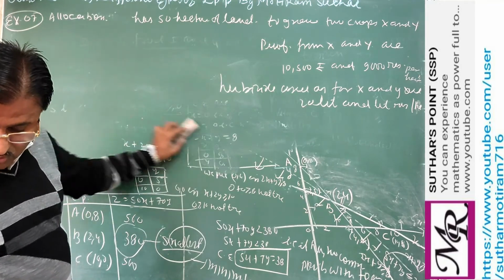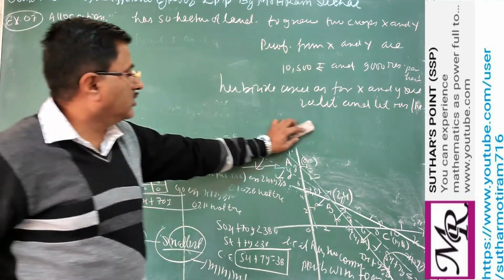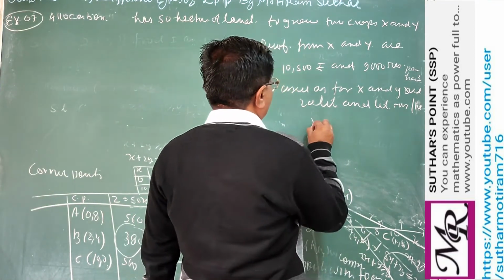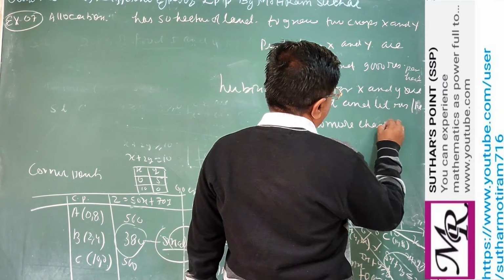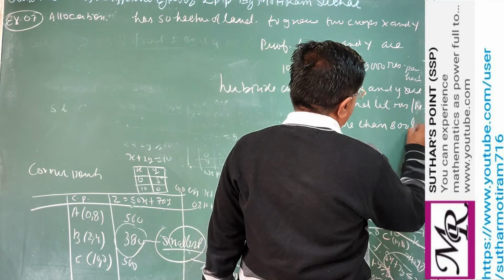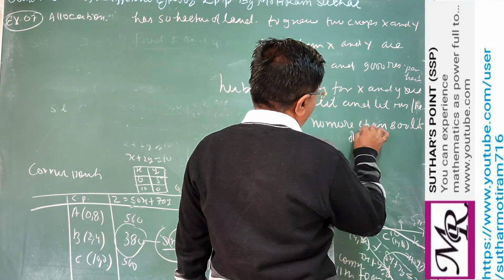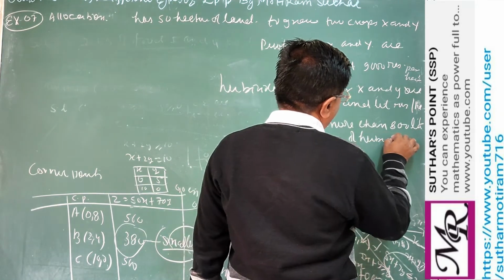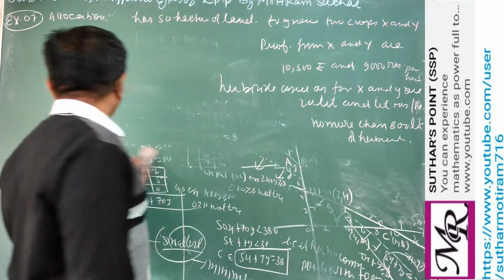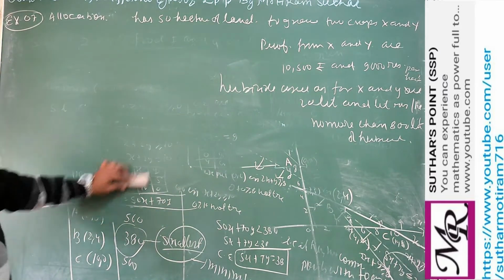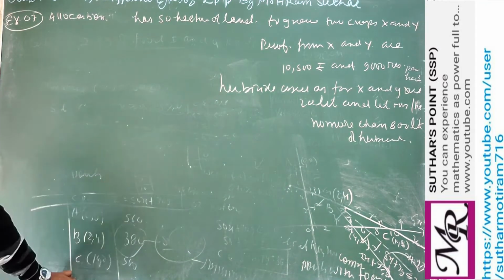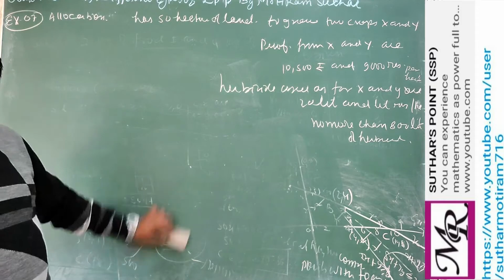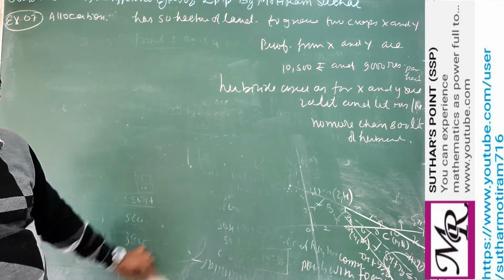Now further, the total quantity of herbicide available is no more than 800 liters. It means the total quantity of the herbicide should be less than or equal to 800 liters.